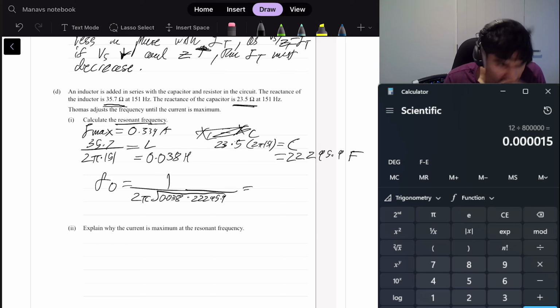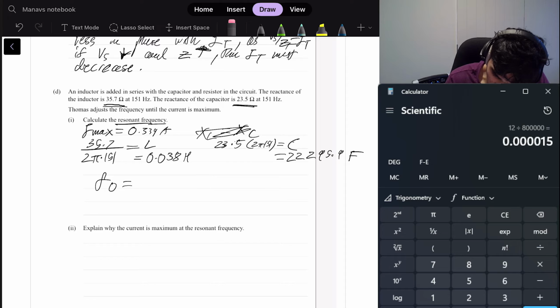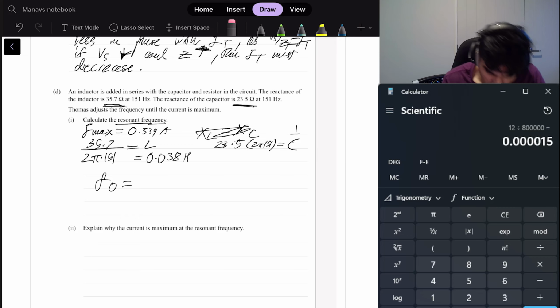Oh my god, I think I might have done it wrong. I know why. Oh yeah, it's actually pretty obvious. This is actually 1 over C. Oh no, I don't have the value anymore.